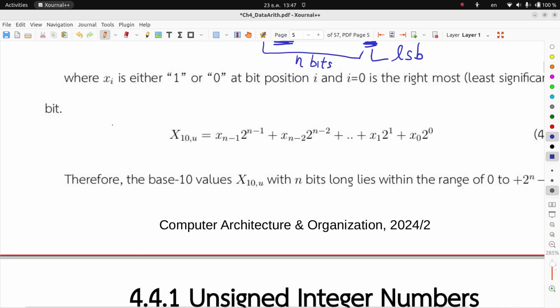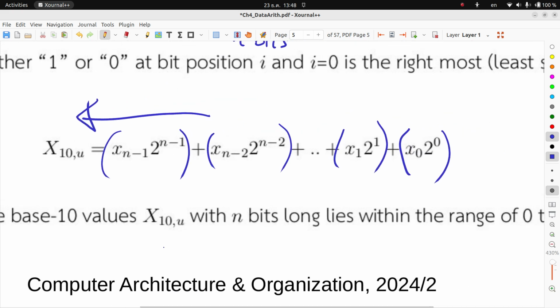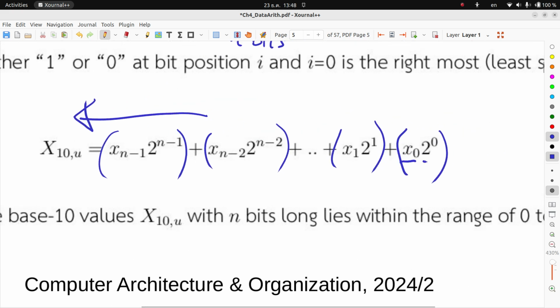So how to compute to get its base 10 number? You basically multiply its positional value. For example, x0 multiply with 2 to the 0. x1 multiply with 2 to the 1. x n minus 1 multiply with 2 to the n minus 1.